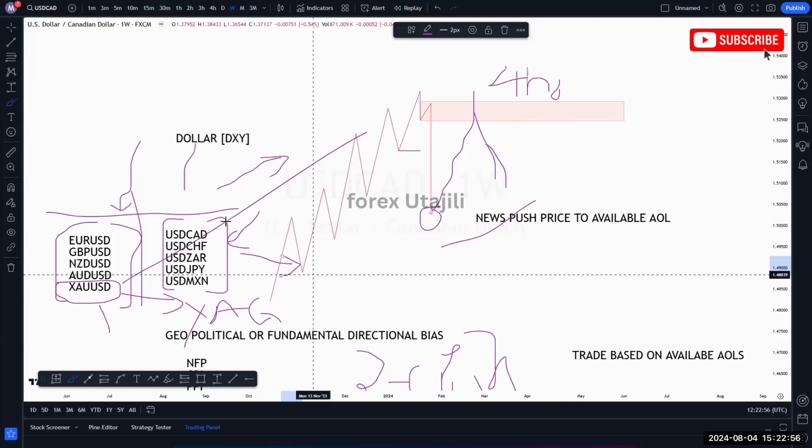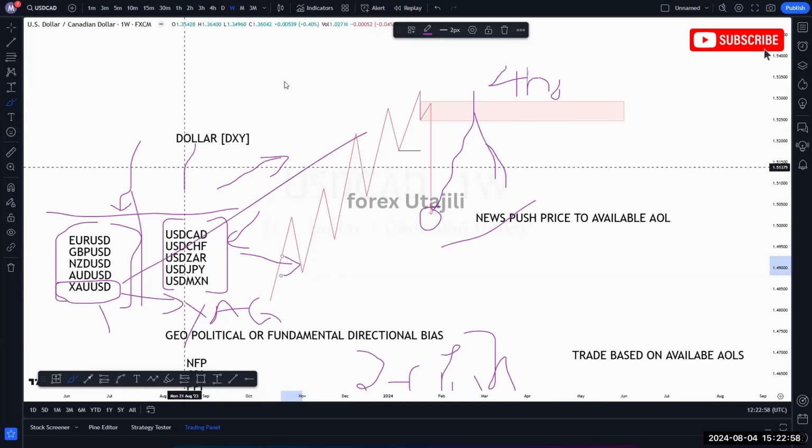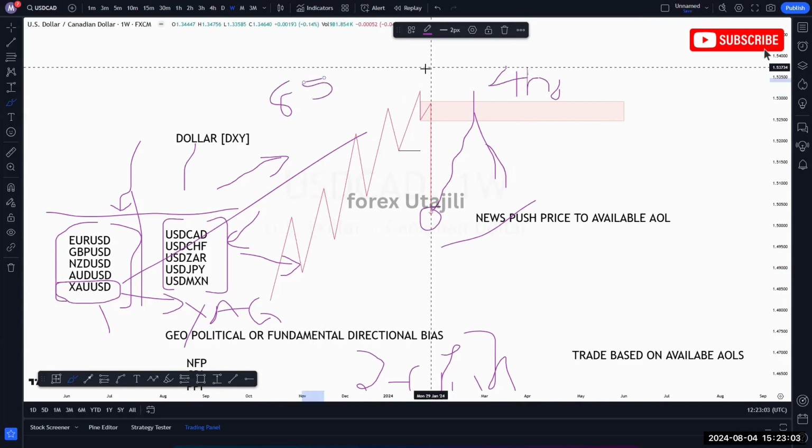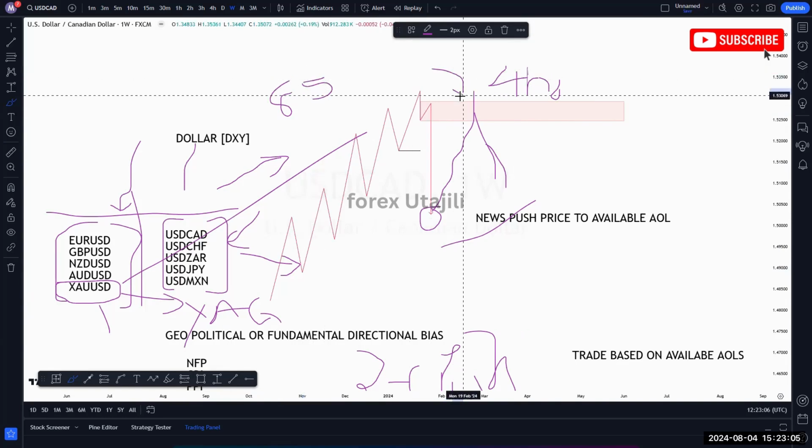In most cases, about 85%, we also have a structure similar to what the DXY is having.